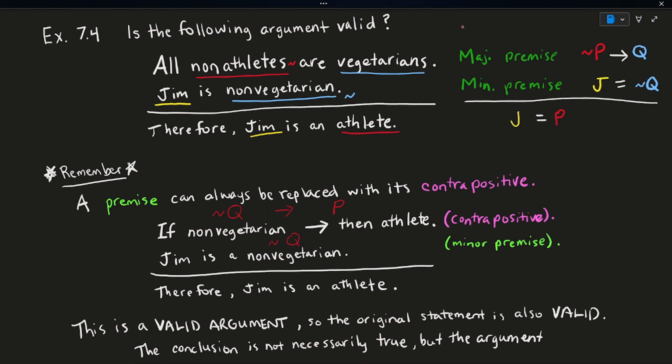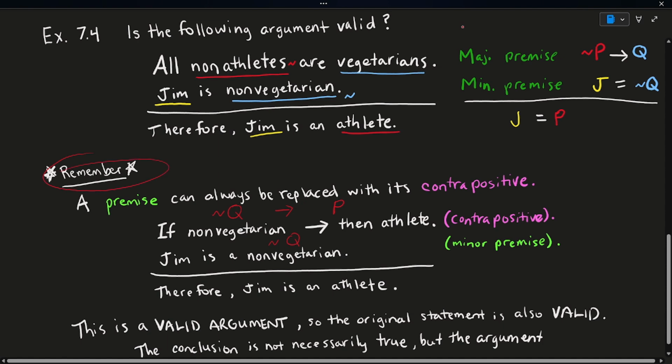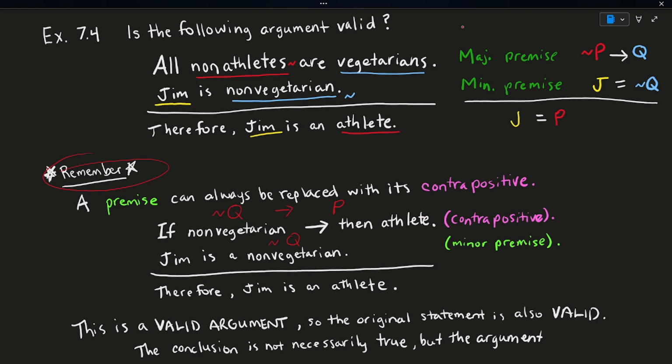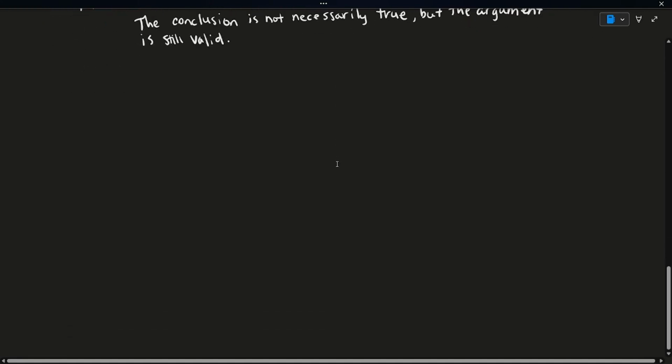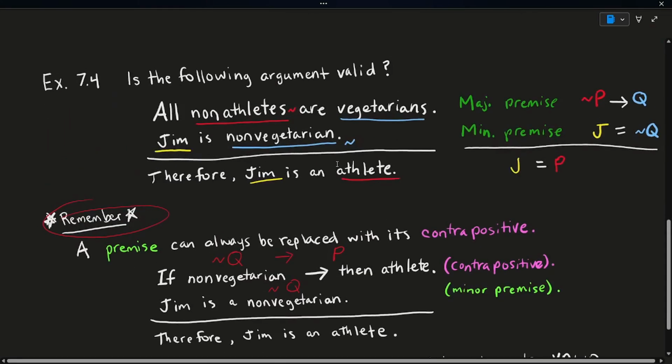Remember, we only flipped the major premise because we turned it into a contrapositive. When we just turn it into a contrapositive, they're going to be equal. That's good to remember. It's going to be a valid argument, so the original statement's also going to be valid. So the conclusion is not necessarily true, but the argument is valid. And that's it for this lesson.